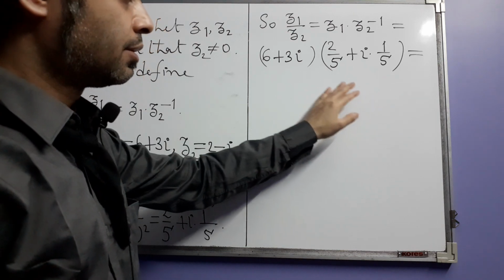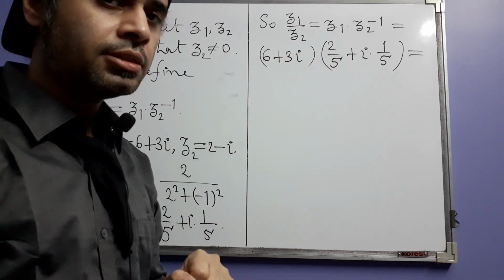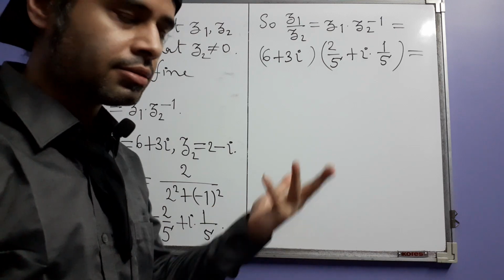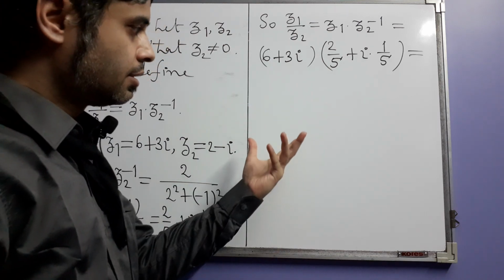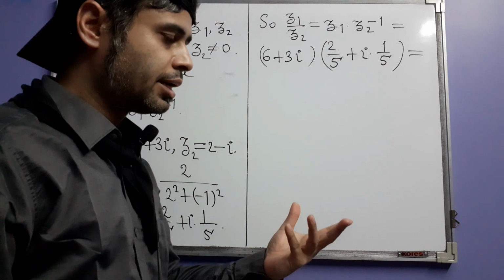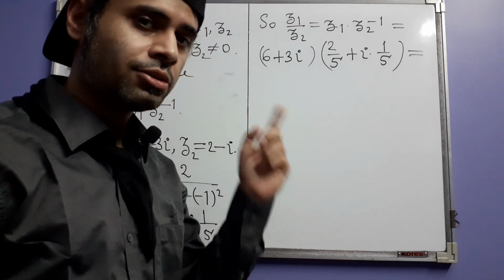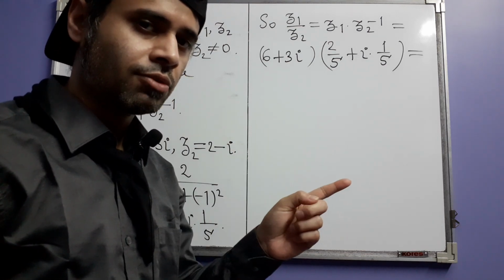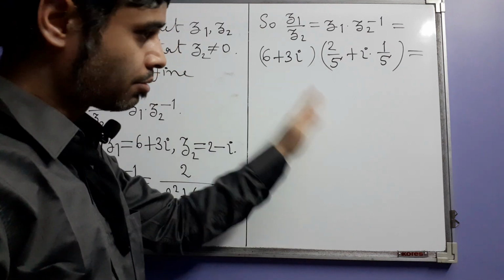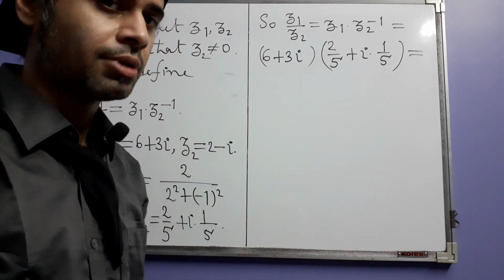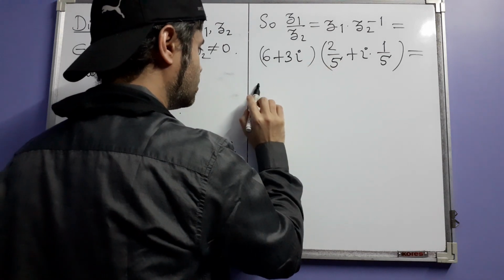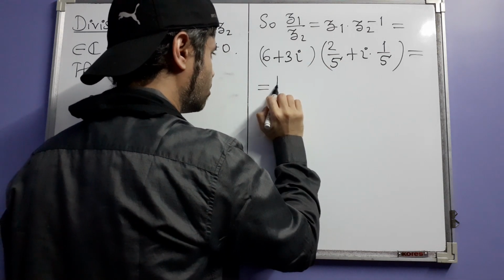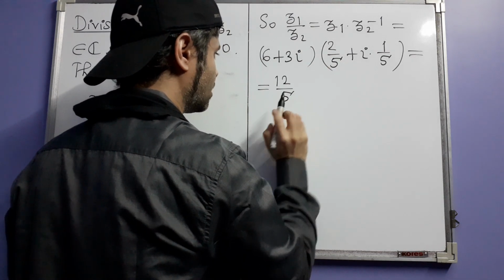Oh, by the way, why are we able to do this as if we are working with real numbers? That is because the algebraic rules that the real numbers follow, commutative law, associative law, the exact same rules the complex numbers also follow. That is the justification. So 6 times this is 12 divided by 5.